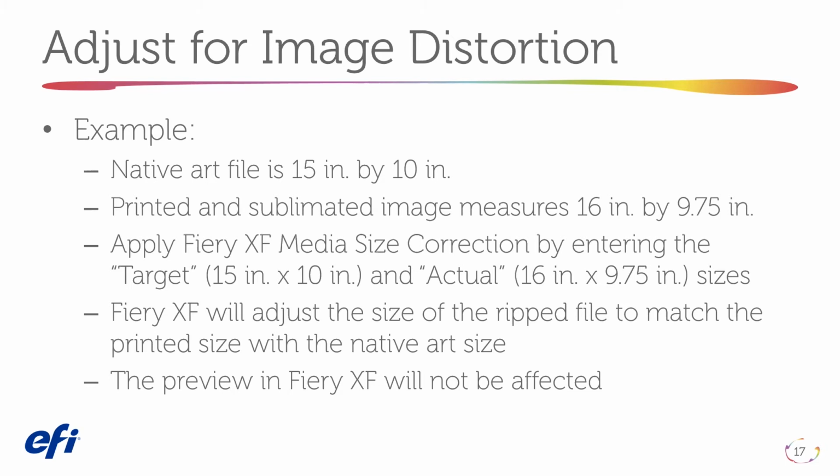In FabriVU Job Editor Media Size Correction, enter the target value of the native file, 15 by 10 inches, and the actual value of the printed and measured file, 16 inches by 9.75 inches. FabriVU will adjust the size of the ripped file to match the printed size with the native art size. The preview in FabriVU will not be affected.